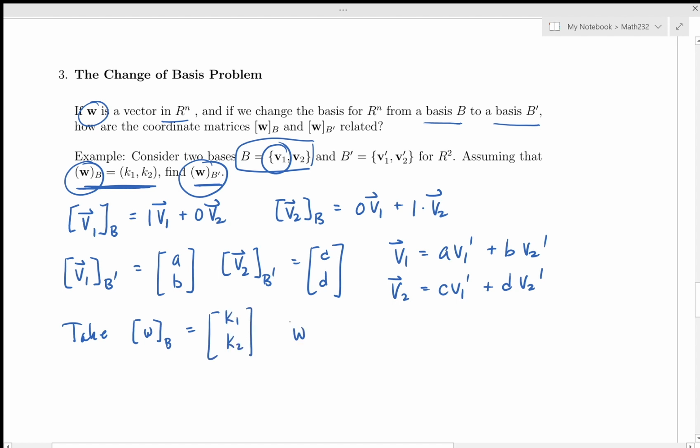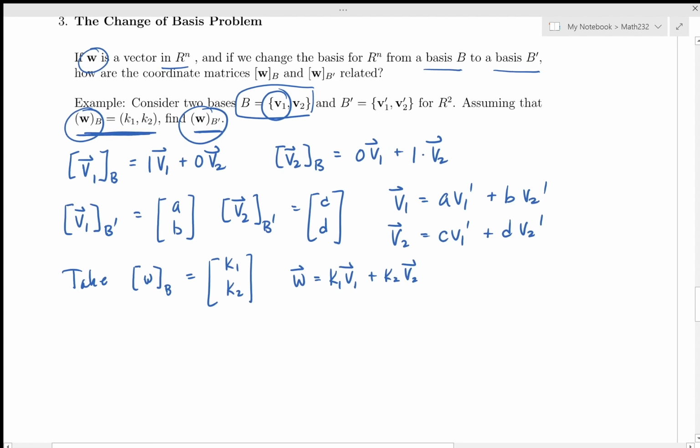That means w looks like this: k1 times v1 plus k2 times v2. Now I want to figure out how I can reference w to v1 prime, v2 prime.